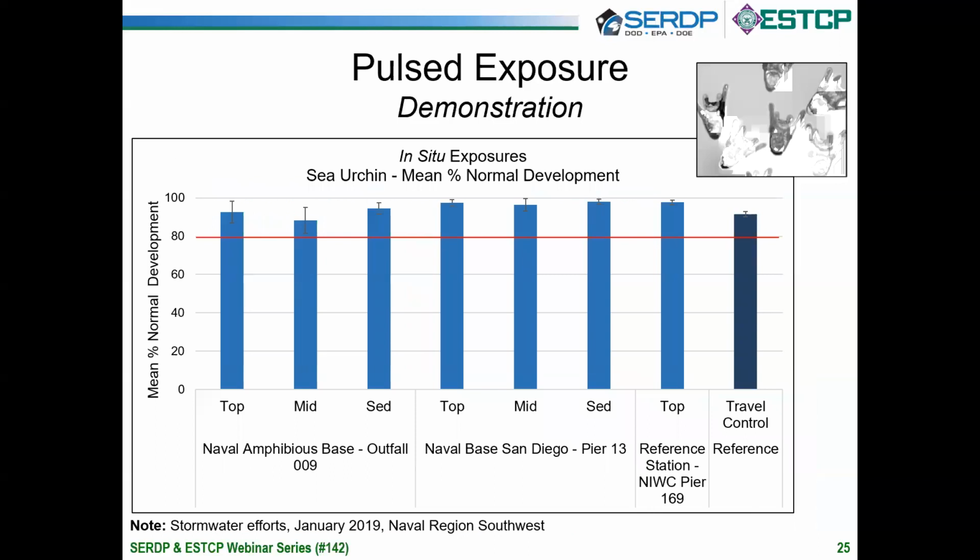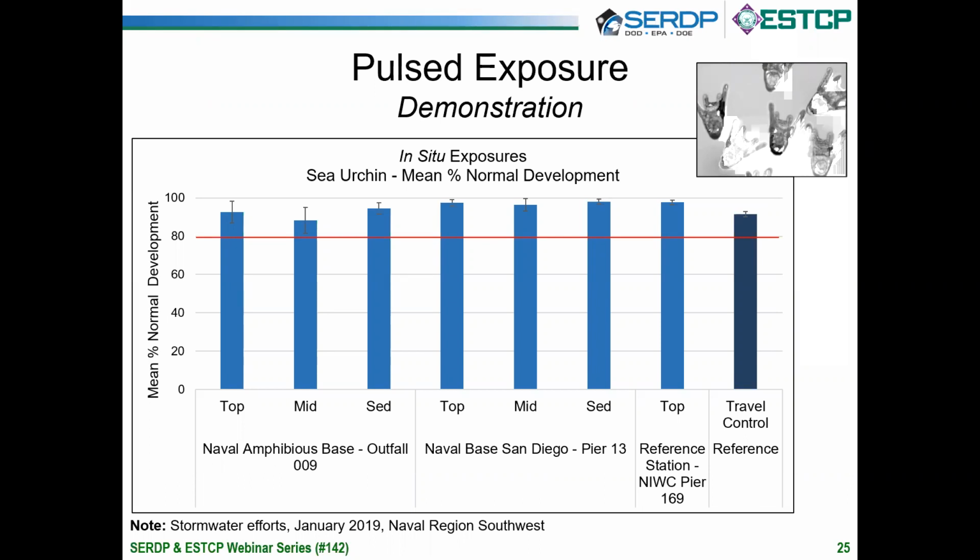So just a quick snippet on some of the data that we received from the lab and field-based exposures for our validation studies. Shown here is the results of our in-situ exposures with the C-rings with the chronic test using purple sea urchins, and this was in San Diego Bay in 2019. The percent normal development for the organisms is shown on the y-axis, and the sites and depth of deployment of the C-rings is shown on the x-axis.